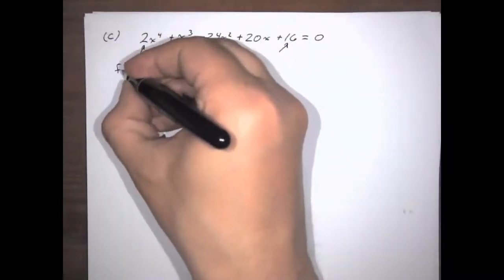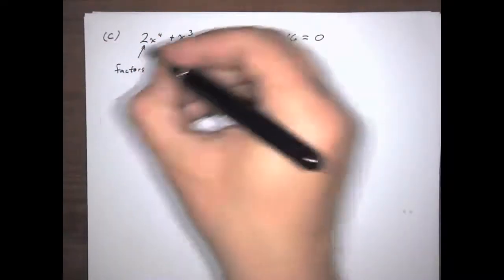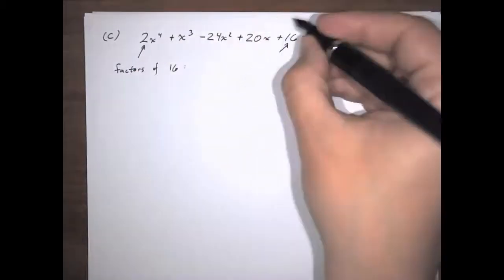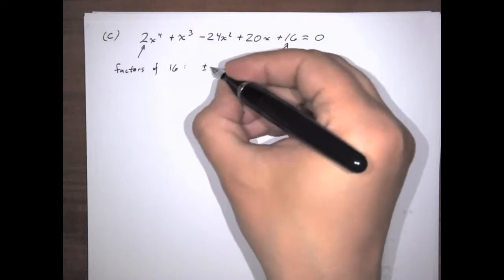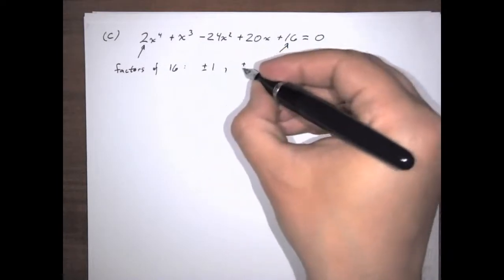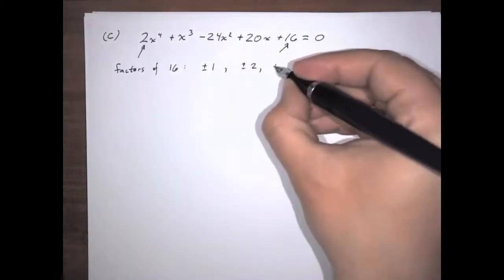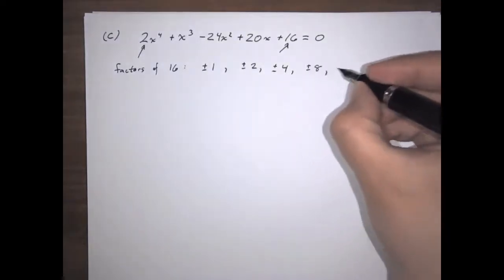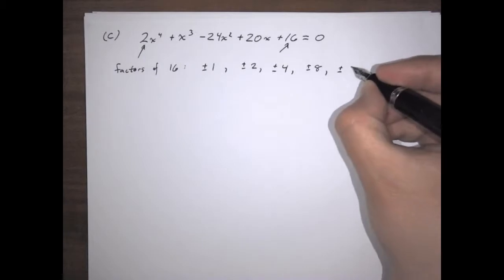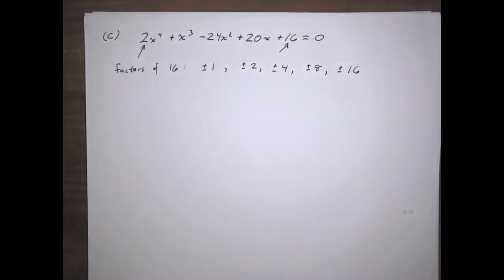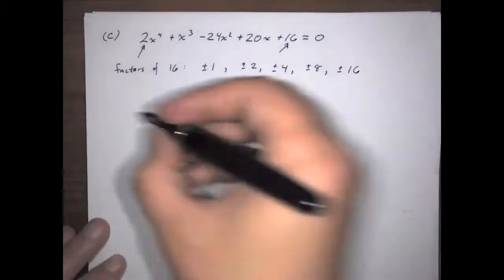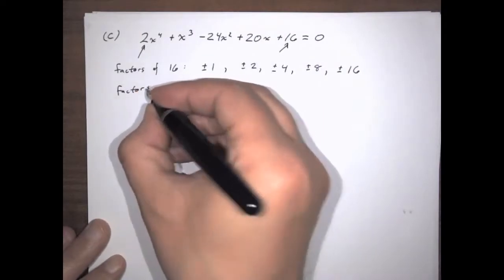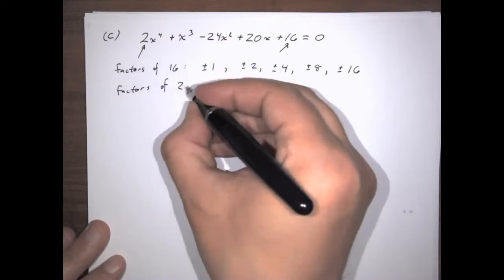So let's go factors of 16. Well, the things that go into 16 are plus minus 1, plus minus 2, plus minus 4, plus minus 8, or plus minus 16. And the factors of 2, that's much easier.